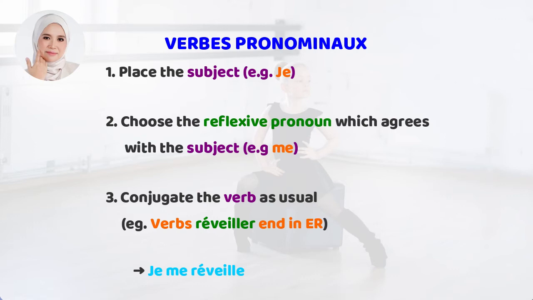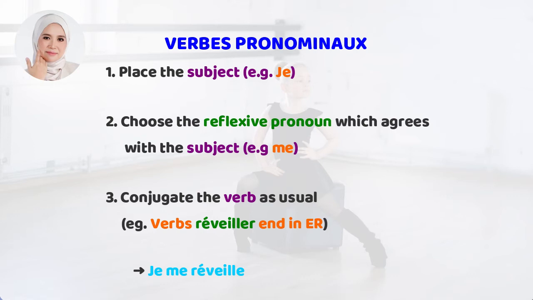To form a sentence with a verb pronominal, there are 3 steps. First, we place the subject, je. Then we choose the reflexive pronoun which agrees with the subject, and here it is me. Later we conjugate the verb.